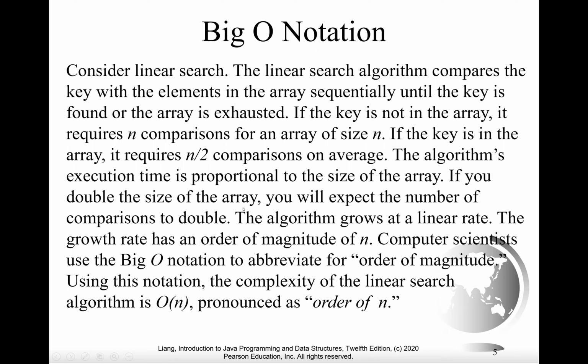If you double the size of the array, you will expect the number of comparisons to double. The algorithm grows at a linear rate. The growth rate has an order of magnitude of n. Computer scientists use the big O notation to abbreviate order of magnitude. Using this notation, the complexity of linear search algorithm is order of n. This is the notation, and the pronunciation is order of n.